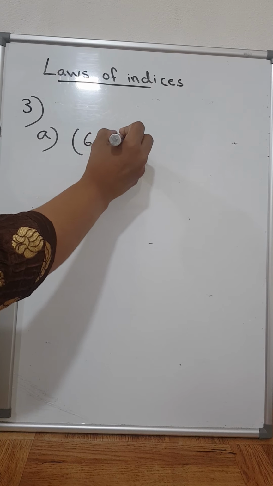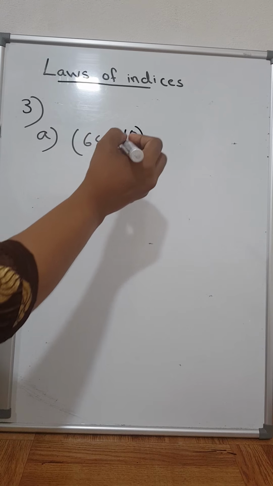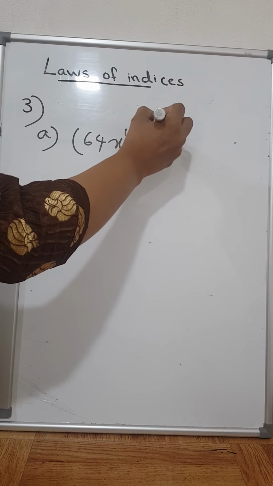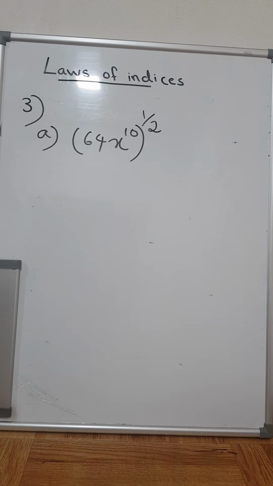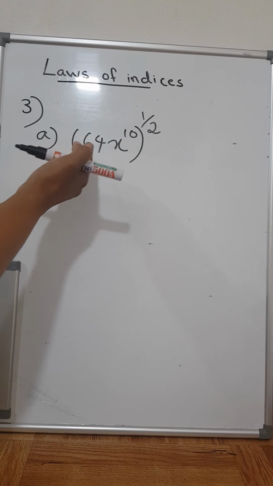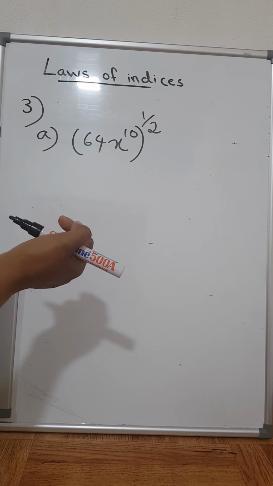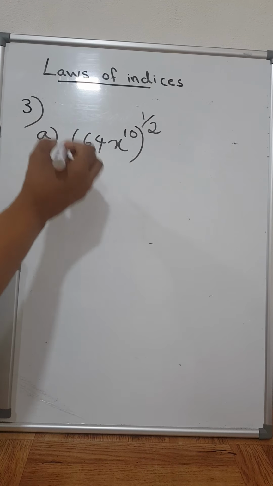64 x to the power 10, whole to the power 1 by 2. See, what are we going to do here? We have a 64 and x to the power 10 inside the bracket. To simplify, what do we do? We remove the bracket.